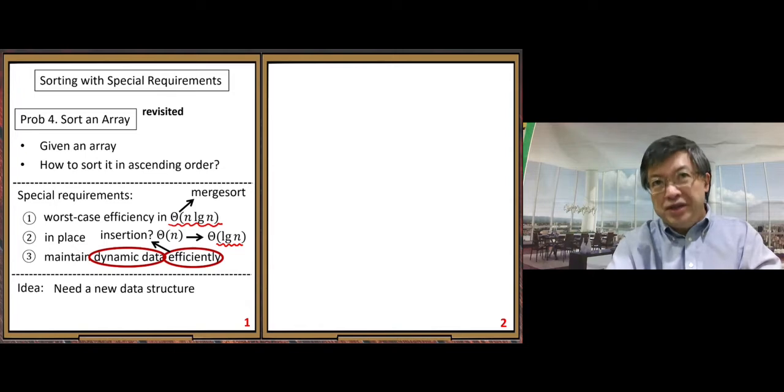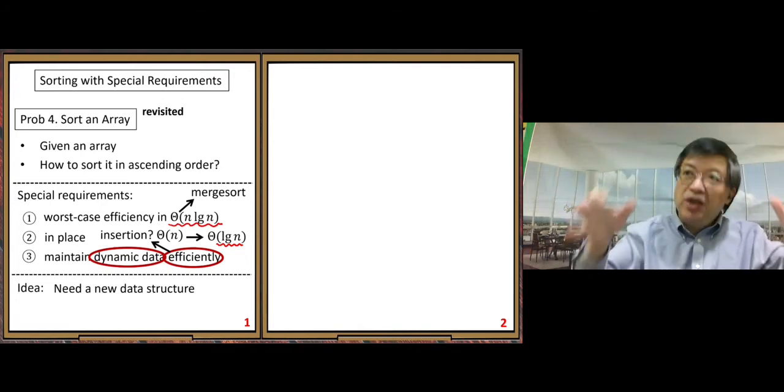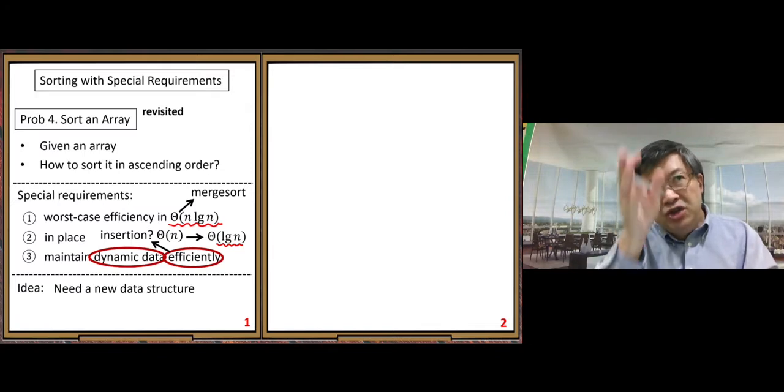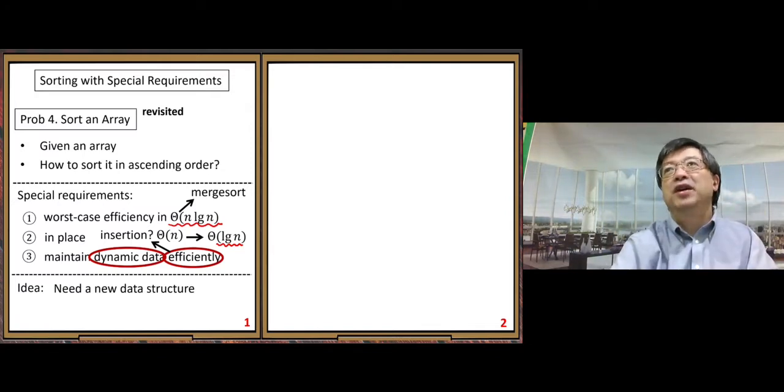Basically, when you get a log base 2 function, you have a binary tree structure in your solution. Binary tree. So the log function comes from a binary tree.